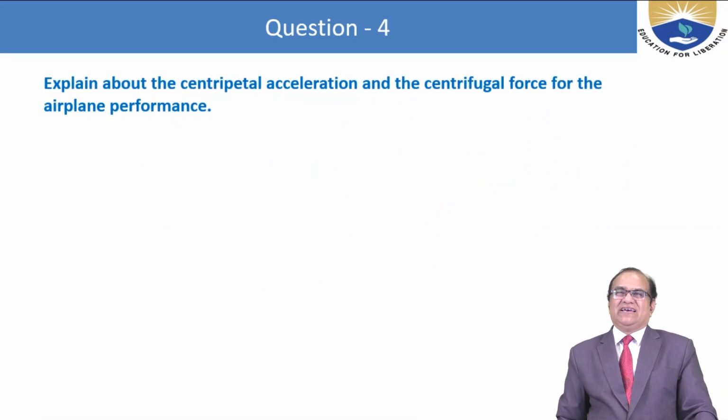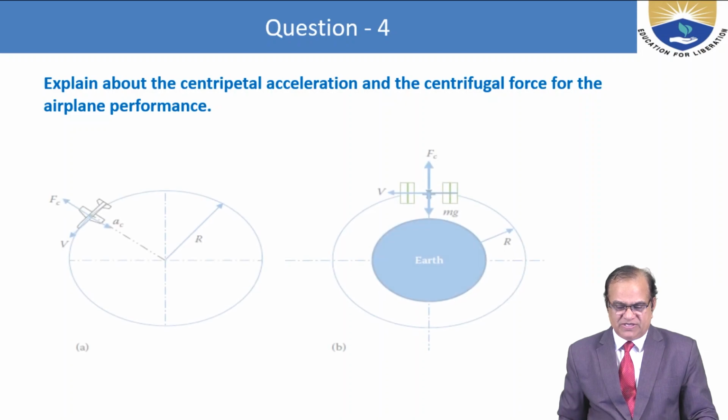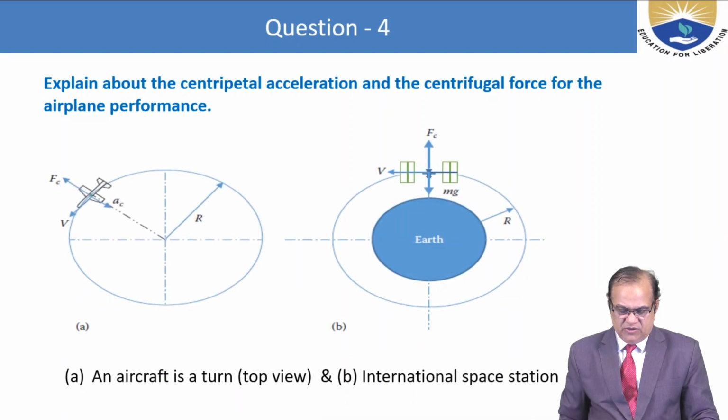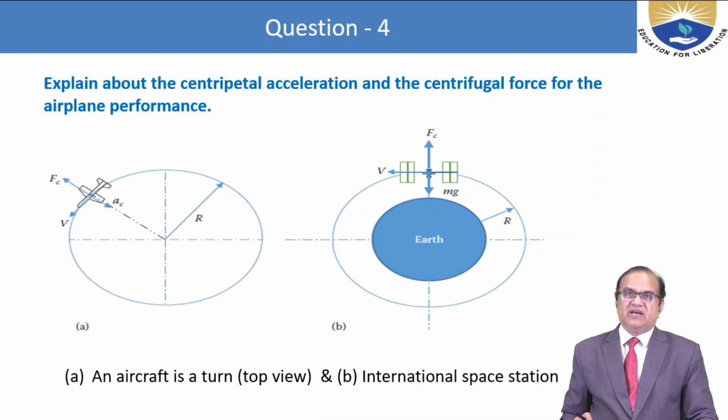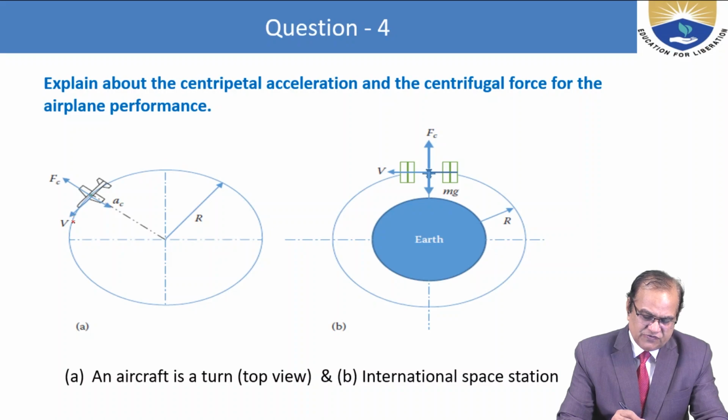Explain the centripetal acceleration and the centrifugal force for airplane performance. So if you see here, the aircraft is moving in a circle of radius r with a velocity v. There will be a centripetal acceleration.